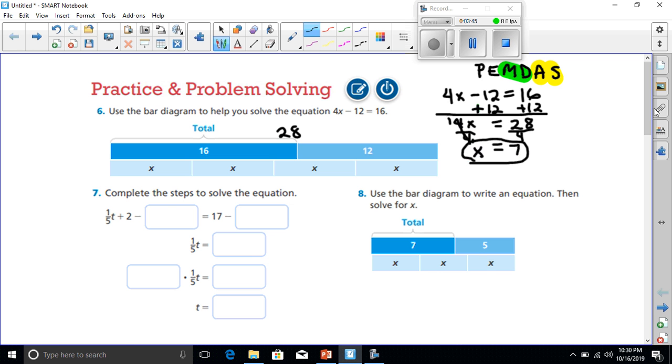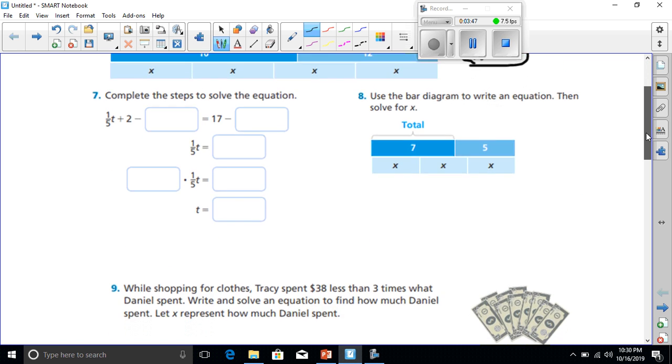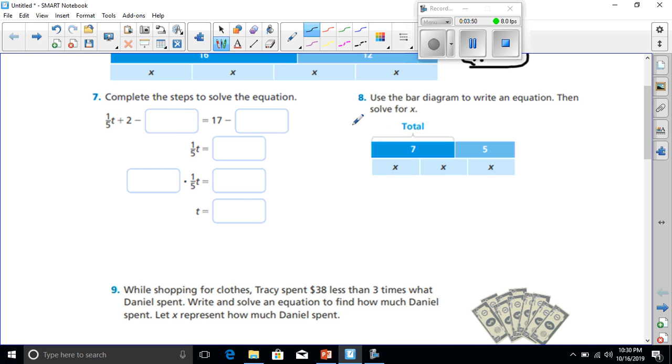All right, now that we've solved 6, let's go to 8, because I'm going to leave number 7 for you. Use the bar diagram to write an equation and then solve for x. Okay, well, the bar diagram is going to make me have 7 plus 5 equals 3x's. Now it says I'm going to write an equation.